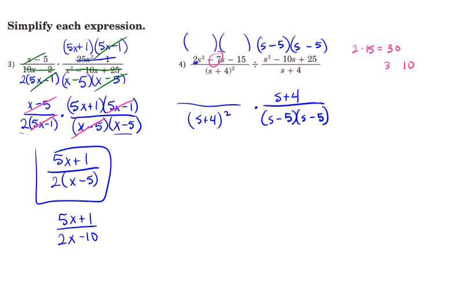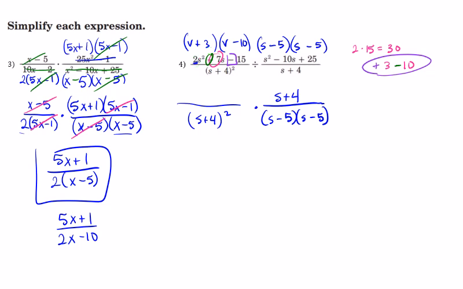Because if the bigger number is negative, that means 10 needs to be negative. The signs are different, so that means the 3 needs to be positive, right? And positive 3 plus -10 is -7. So we found our numbers. So now we can put them in here, v plus 3 and v minus 10, but we have to divide by a.